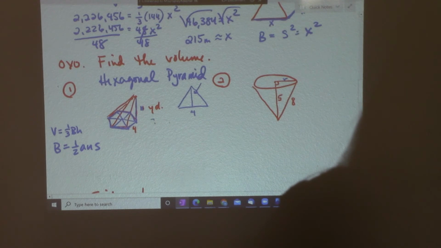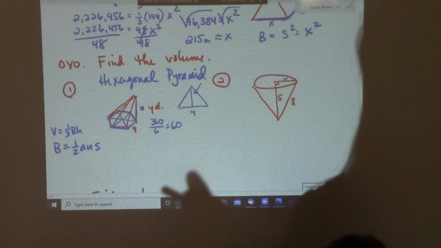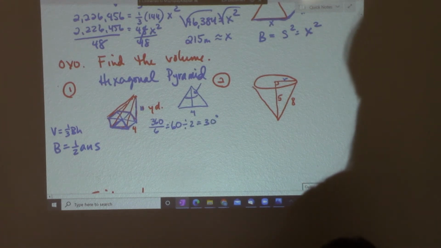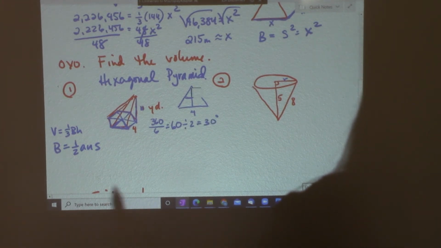So I have a total circle degrees of 360 and I divide that by 6, so I get 60 for one of the triangles, right? But that's both. That's from here to here. So I have to cut that in half and get 30 degrees. So this angle right here is now 30 degrees, okay? All right, and this is 4 all the way across, which means this is 2 and 2.